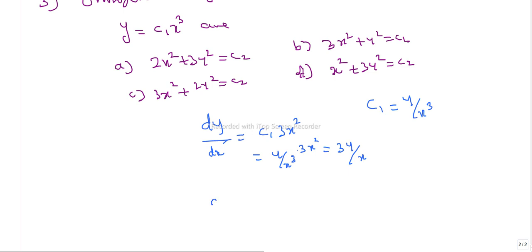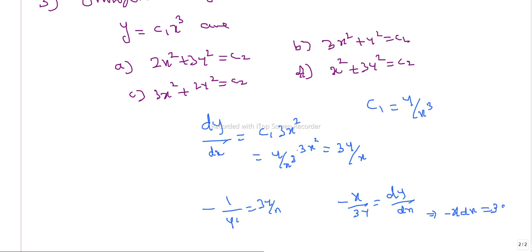So, we have to take the negative reciprocal. We have to replace y dash by minus 1 by y dash. So therefore, minus 1 by y dash equal to 3y by x. If we cross multiply and then integrate, we get dy by dx equal to minus x by 3y. So, cross multiplying, we get 3y dy equal to minus x dx.